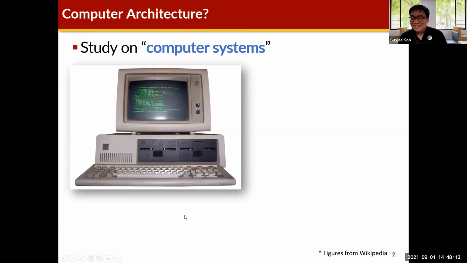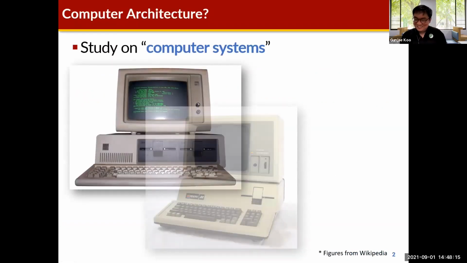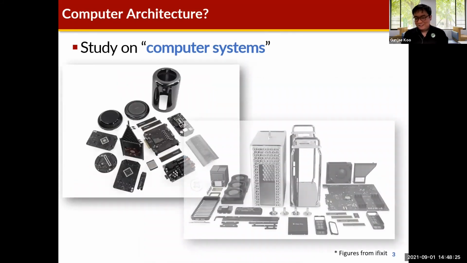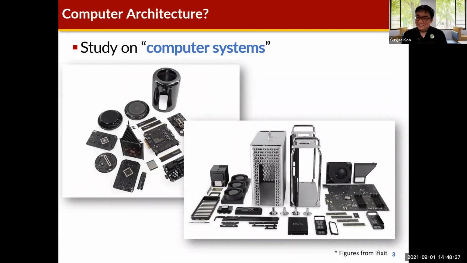Okay, these are the very old generation computer systems. Like the first generation of IBM PC is called the personal computer. And these are the recent computer systems designed by Apple.